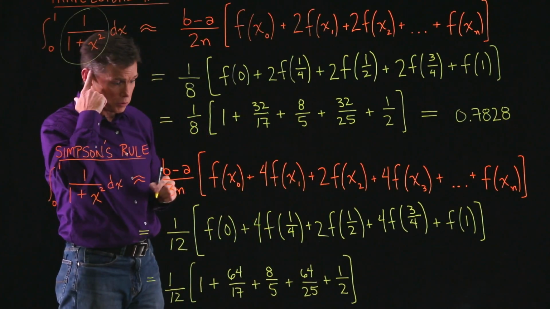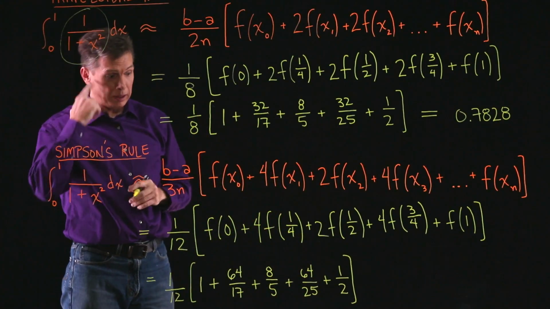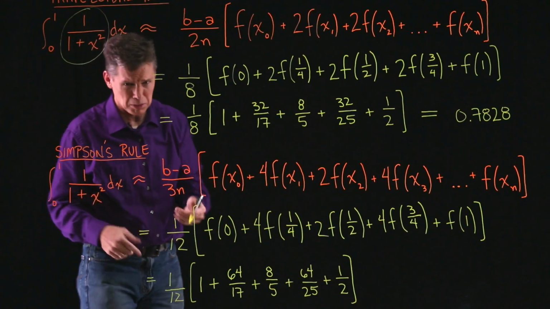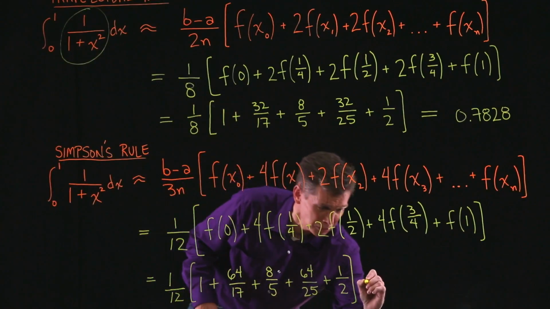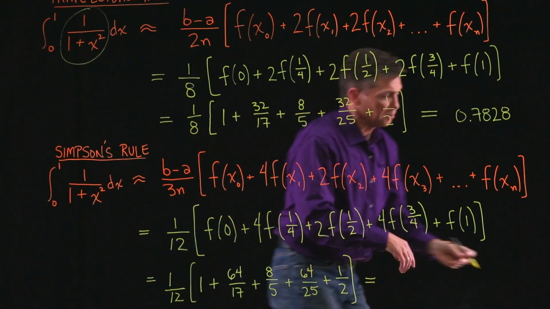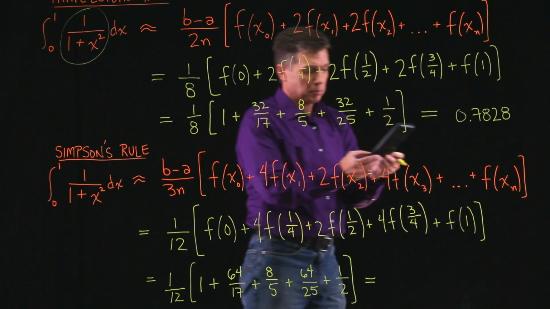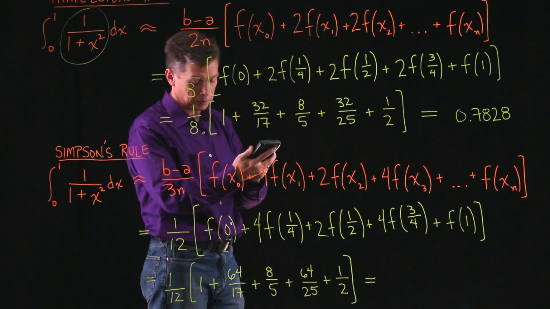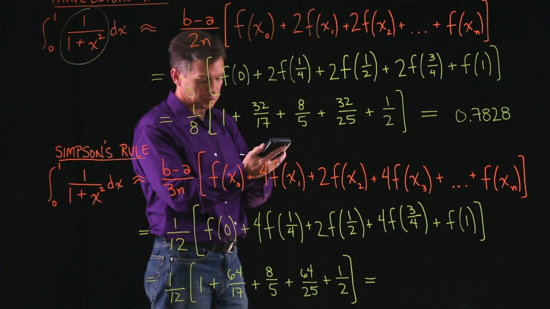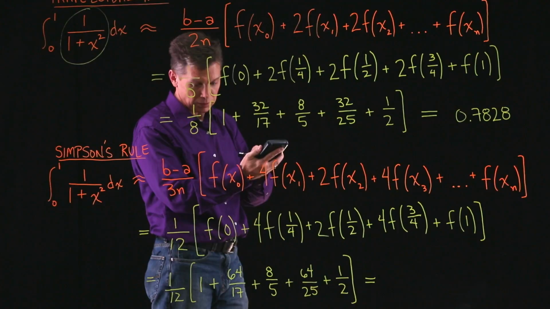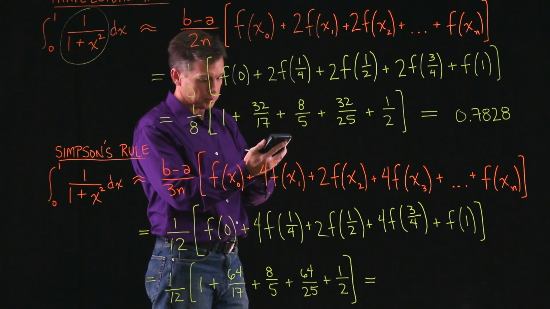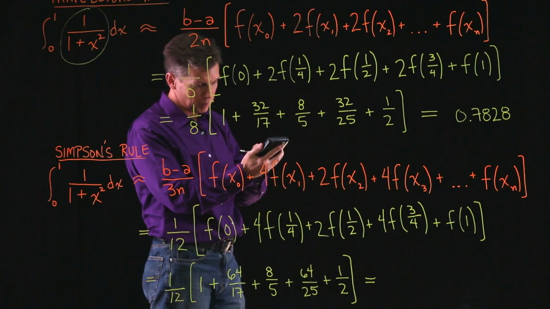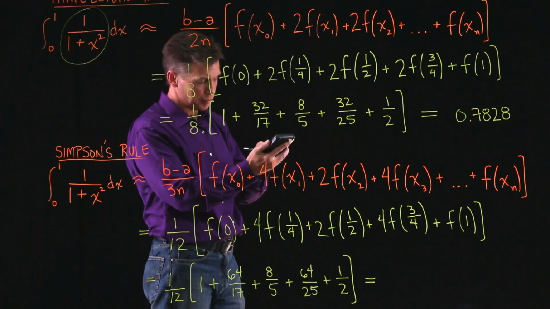Okay, make sure you agree with all those numbers. And then once you agree with those numbers, I'm going to go to my calculator again. This is more calculator gymnastics with all those fractions. So let's see what this equals. 1/12 times 1 plus 64/17 plus 8/5 plus 64/25 plus 1/2.